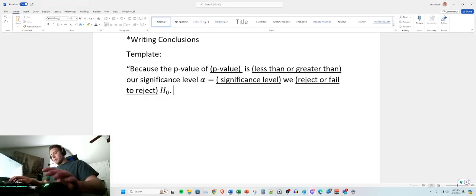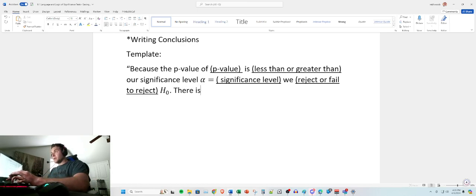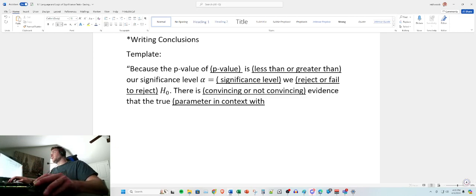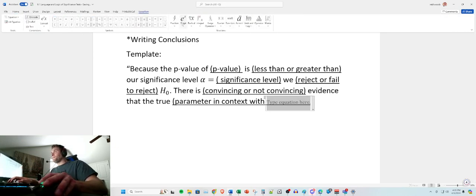Okay. And we say there is convincing or not convincing evidence that the true, and then we put the parameter in context with H_a.